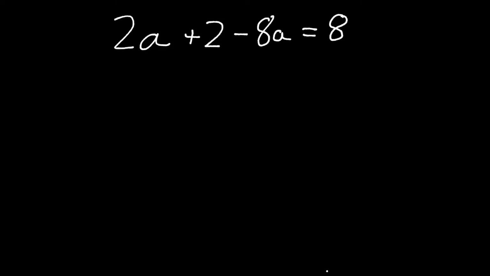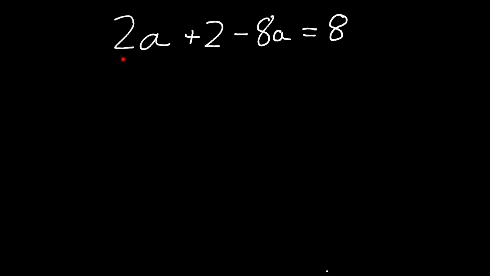Alright, our final example here is 2 times a plus 2 minus 8 times a equals 8. Notice that what's different here is the fact that we have an a on one term and an a on a second term. So before we can try to solve for what a needs to equal, we're going to have to combine like terms.